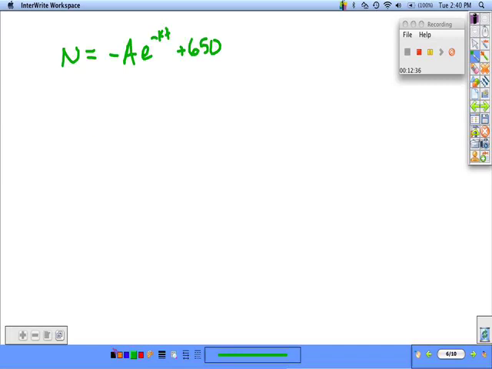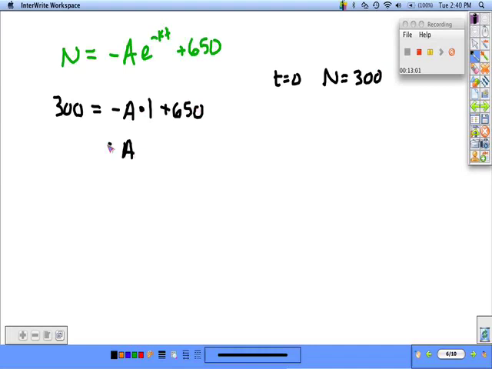We can start with plugging in t equals 0 and N equals 300. e to the 0 is just 1. So A becomes negative 350, positive.